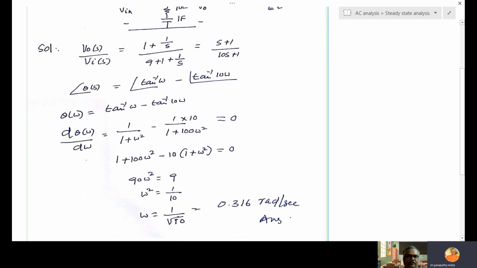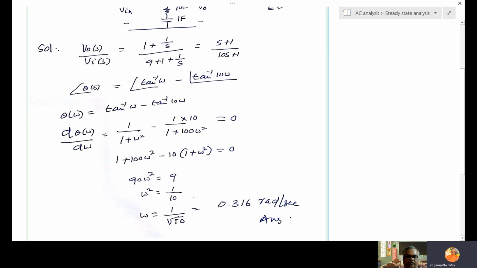For maximum, the differentiation should be 0. So d theta of omega by d omega: the derivative of tan inverse omega is 1 by 1 plus omega square, minus the derivative of tan inverse 10 omega, which is 10 by 1 plus 100 omega square, equal to 0.